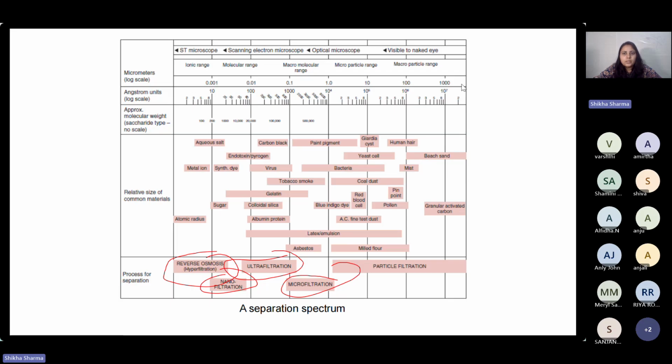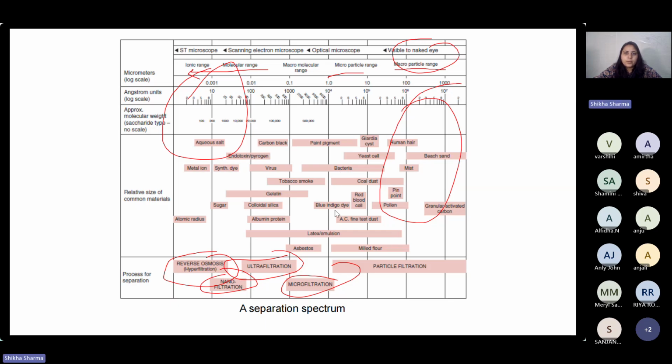Here is the bigger particle size, and here is the smaller particle size: macro, micro, then ionic, so the particle size is getting smaller. Particles visible to the naked eye will be separated by mostly all four kinds of membranes.